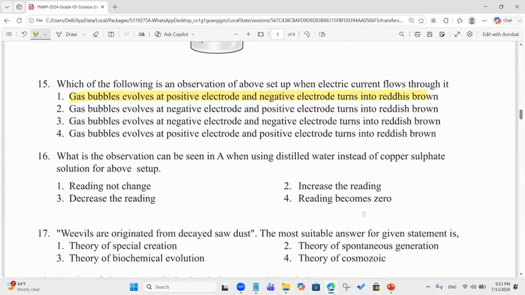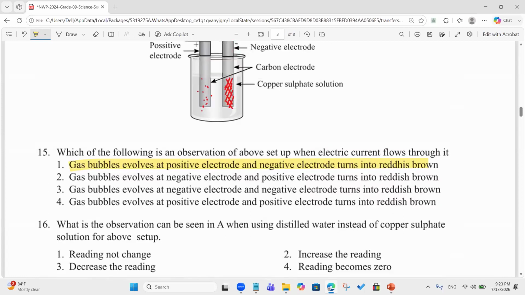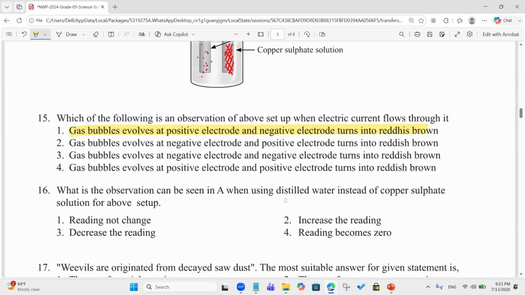Second question, what observation can be seen in A when using distilled water instead of copper sulfate? If you use distilled water, what is the observation? Yes, reading not change, increase the reading, decrease the reading, or reading becomes zero. Yes, the answer is reading becomes zero.